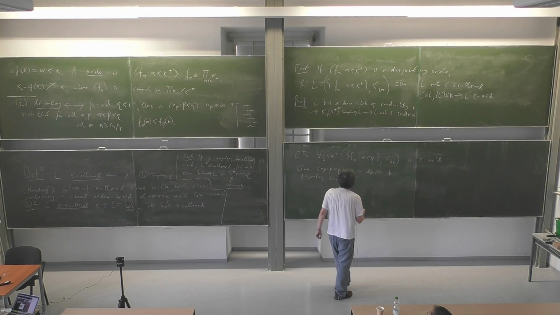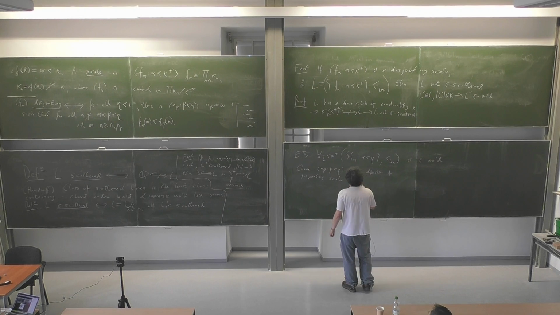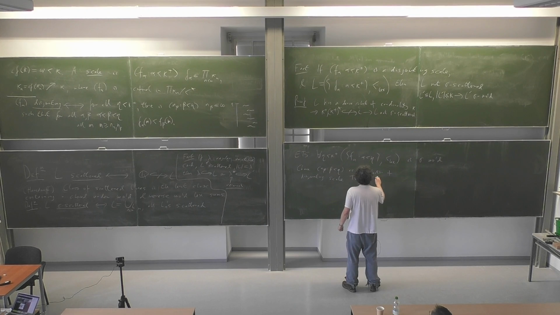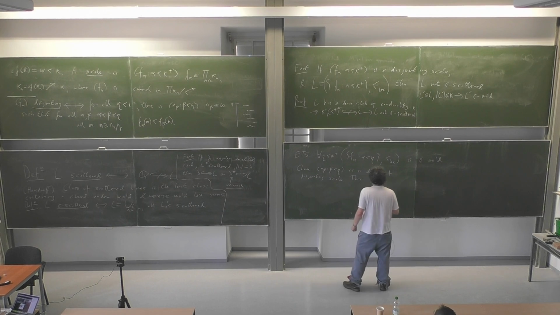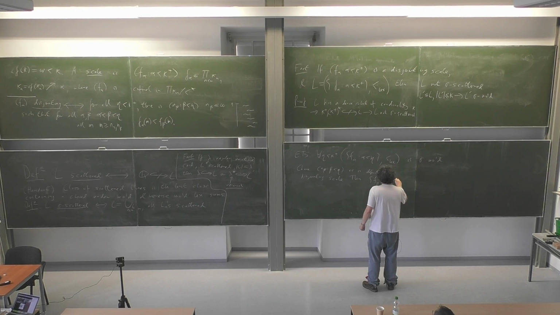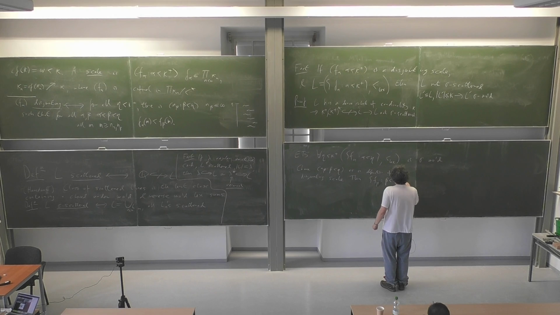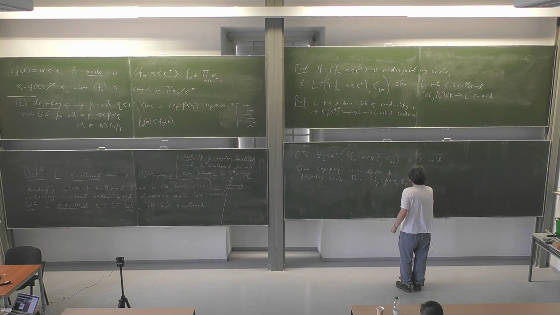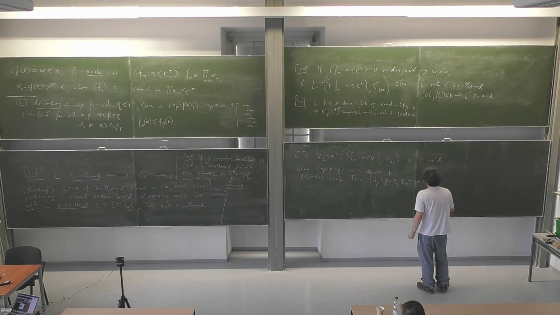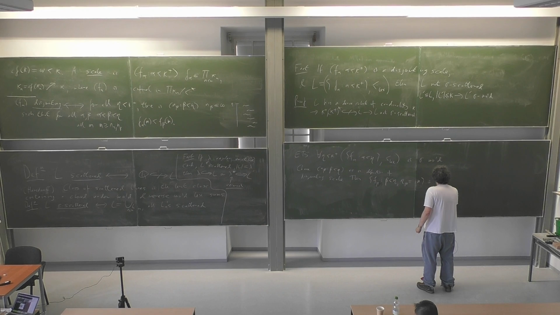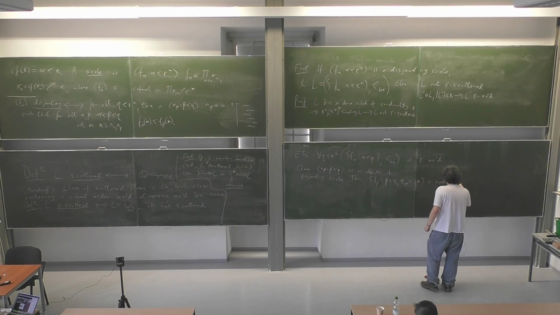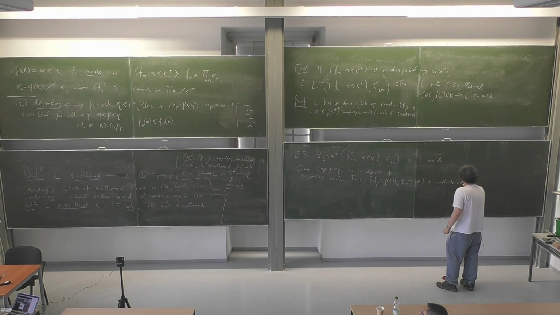And then I'm going to say, the set of f beta with n beta equals n is actually well ordered by Lex.